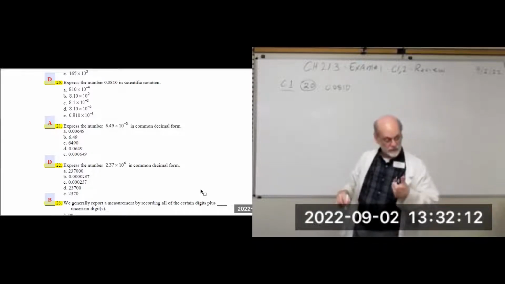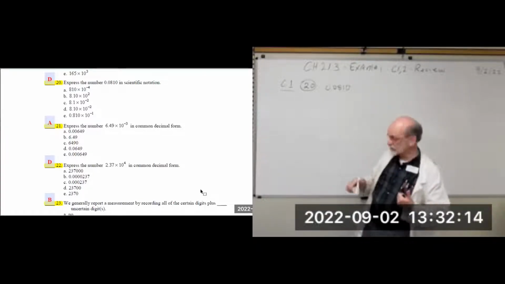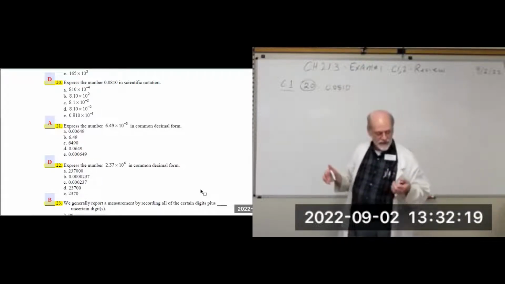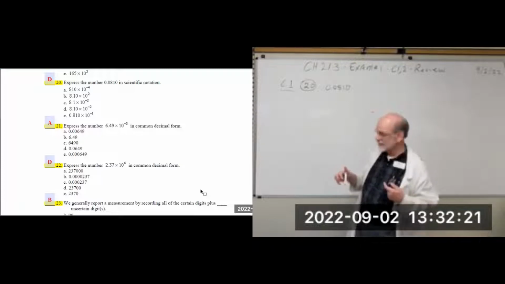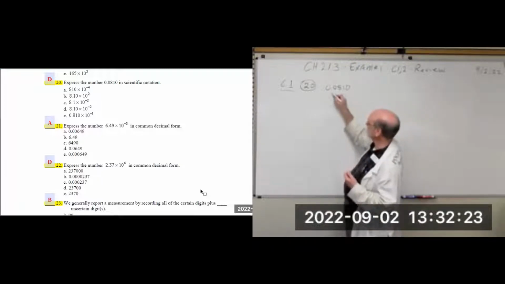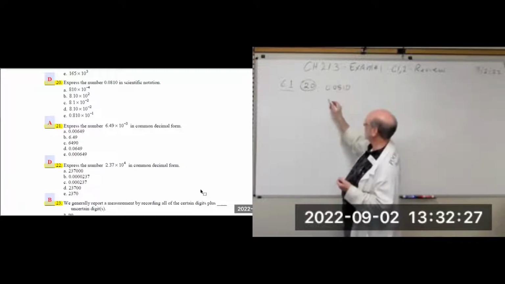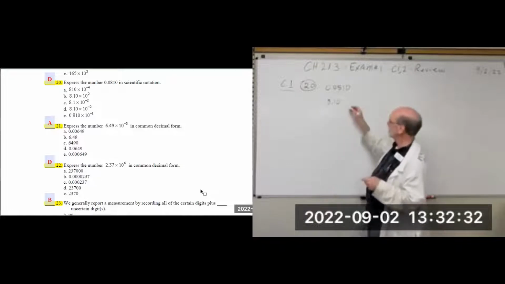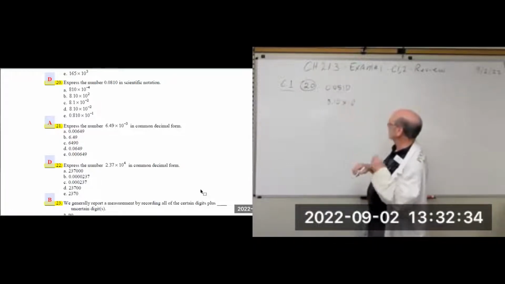You need an exponent of 10 that's derived from that number, and the coefficient of the number has to be between 1 and 10. So if we move the decimal to the right, 1, 2, that puts this value 8.10 between 1 and 10. So we're good there. But what's the power of 10?